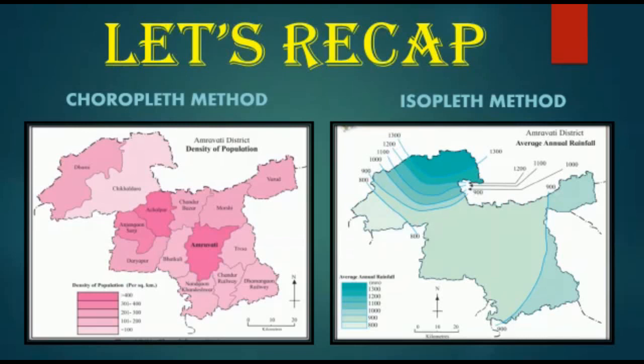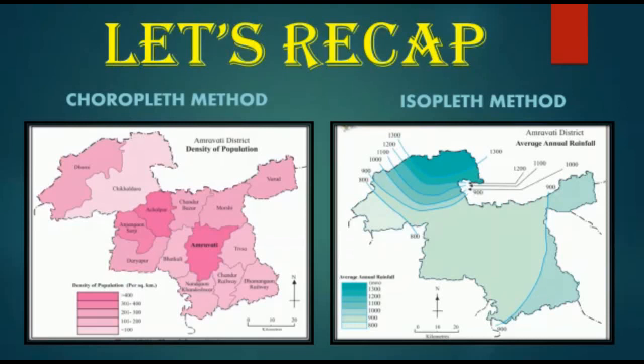In the isopleth method map, we have studied that when the distribution of a variable is continuous, the isopleth method is used to show the distribution, such as altitude, temperature and rainfall. In this case, it is very important to obtain accurate data regarding altitude, temperature and rainfall of some places in the same region.